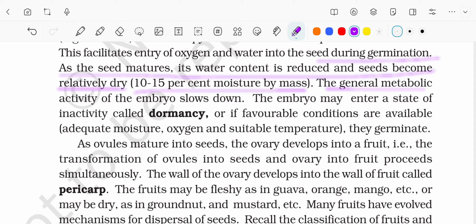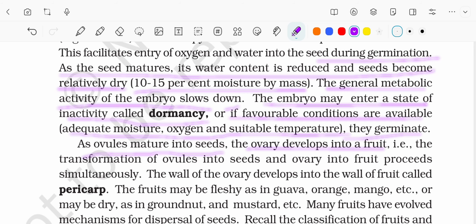The general metabolic activity of the embryo slows down. The embryo may enter a state of inactivity called dormancy, and if favorable conditions are available, adequate moisture, oxygen, and suitable temperature, they germinate.